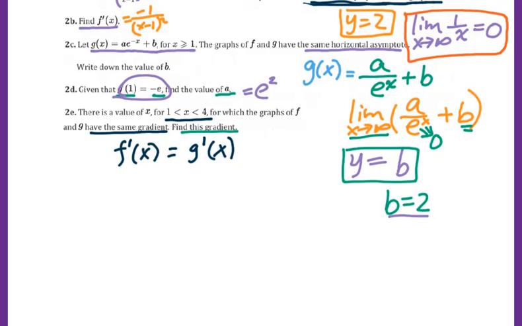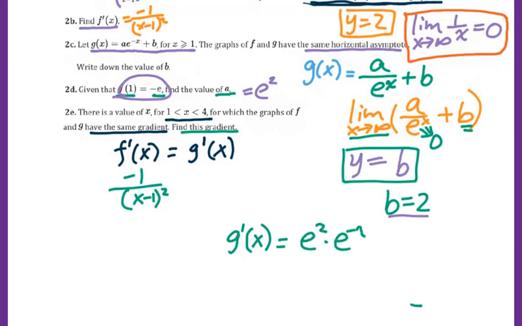We already got negative 1 over (x minus 1) squared, which is the derivative of f(x). Let's work out the derivative of g(x). We already got a equals e squared, so we plug in e squared times e to the negative x power, and b is 2. We do the derivative for this function.